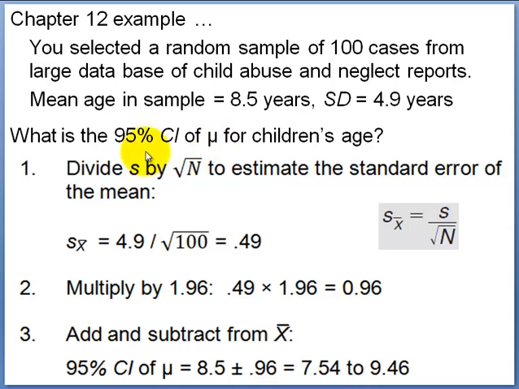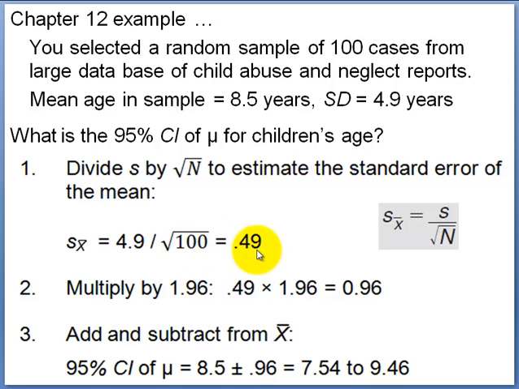Let's carry out the calculations. The first step is to divide s by the square root of n to get our very good estimate of the standard error of the mean. And we know it's a good estimate because sample size is 100 or greater. If sample size was less than 100, we would not use this formula.